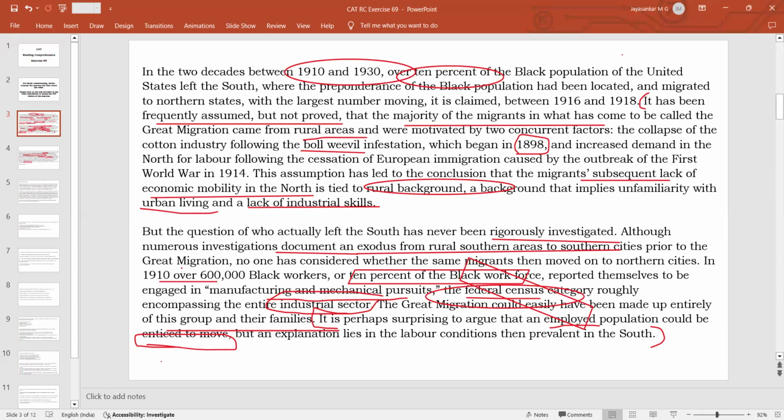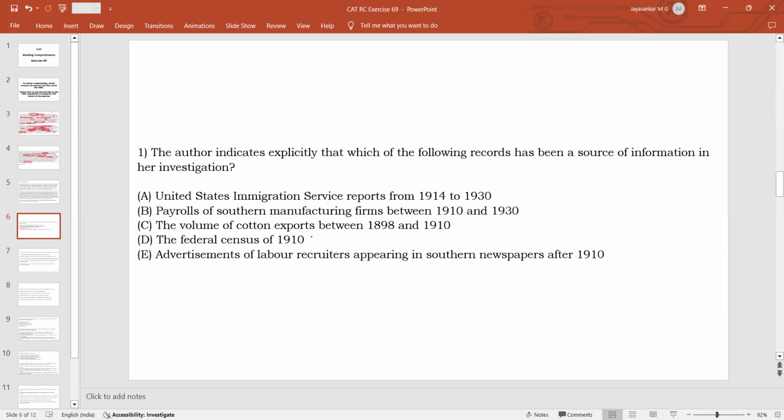As per the government census of 1910, around 10% of the total black workforce were engaged in mechanical and manufacturing industries, which were considered the entire industrial sector. So very clearly the answer here is the Federal Census of 1910.